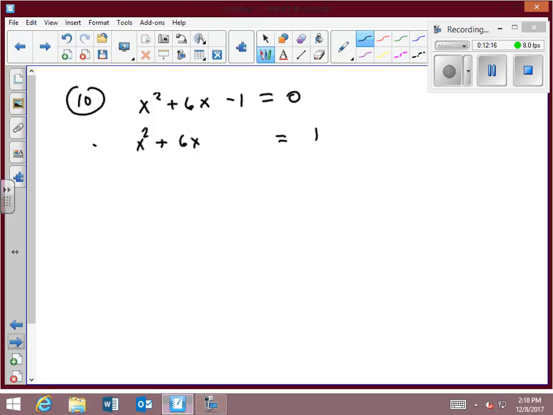So this is the first step you do. Now the next thing you do is what? Half of the 6, which is 3, square it and add it to both sides. It's a plus 9.